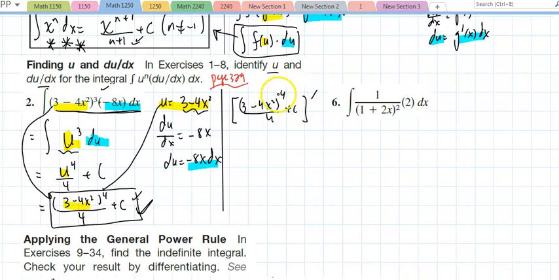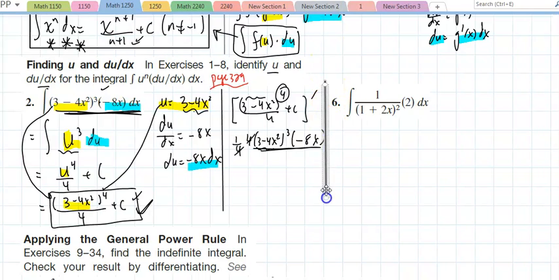So that would be the 1/4 you leave alone, bring the power down, subtract 1 from the power, times the derivative of the inside by the chain rule. What's the derivative of this? Isn't that negative 8x? And wouldn't these 4's cancel out? And do you notice that this right here is literally this right here? So again, you don't have to do that, but you could always check your answer.